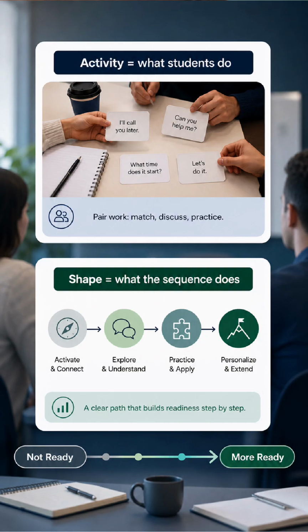A shape is what that activity does to the lesson. A warmer is not automatically useful because it is warm. It is useful if it lowers anxiety, activates knowledge and schemata, creates curiosity, creates a need.